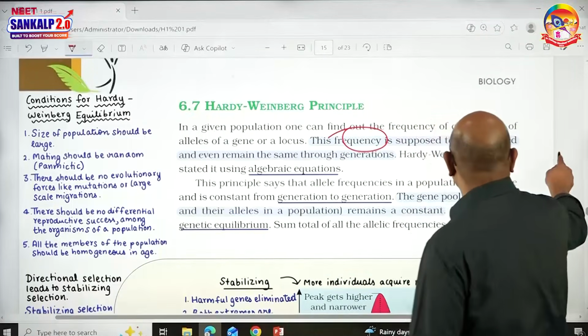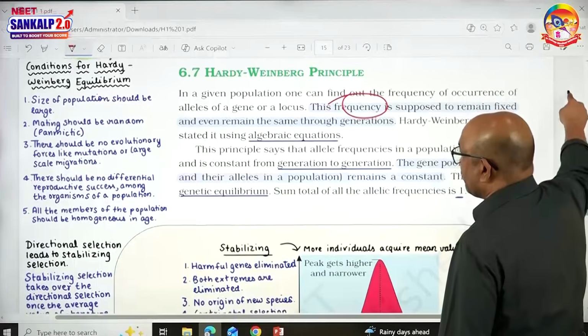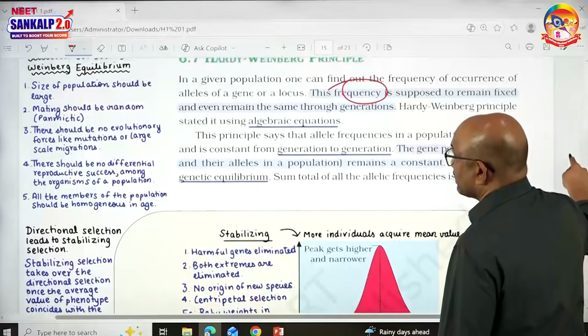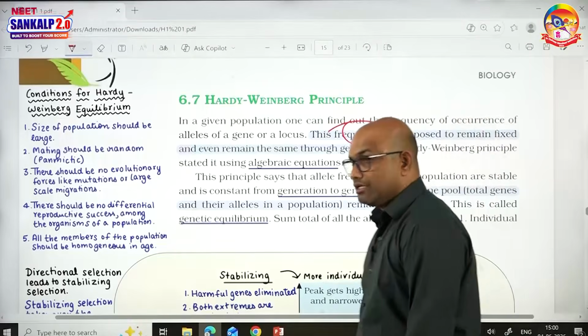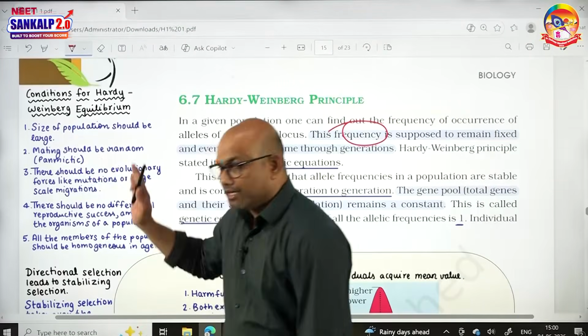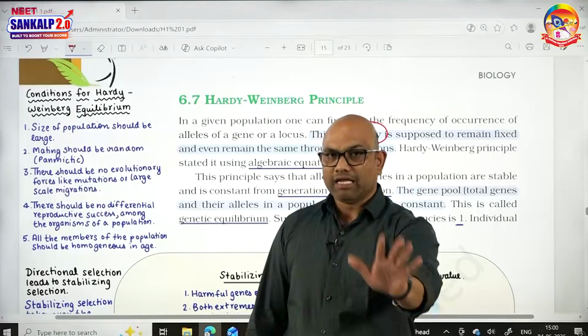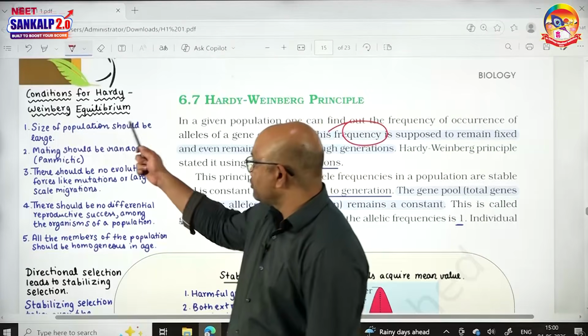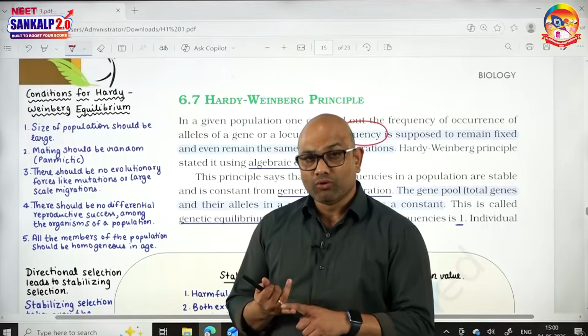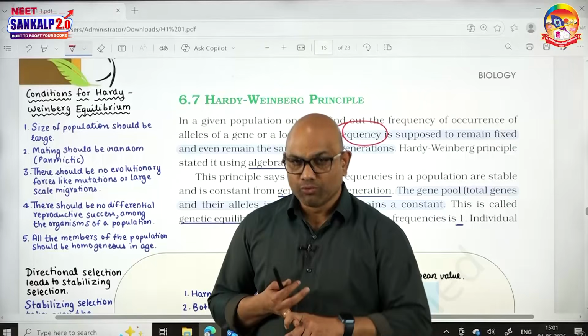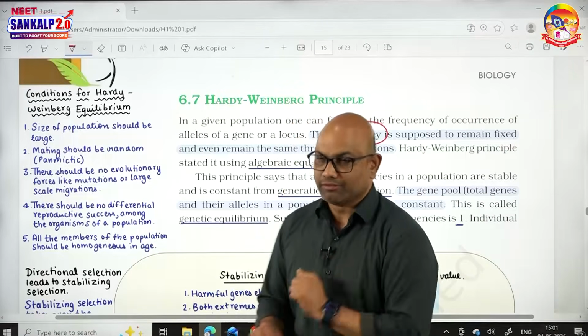But it will remain the same only when certain conditions are followed. What are those Hardy-Weinberg conditions? Mating should be random, then allelic frequency remains the same. Population should be large. There should be no natural selection, no mutation, no migration.